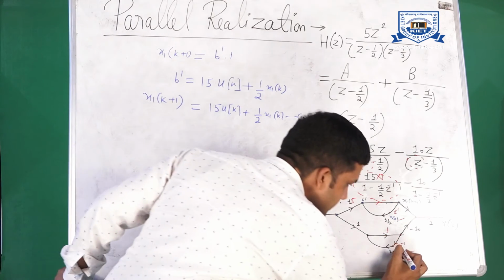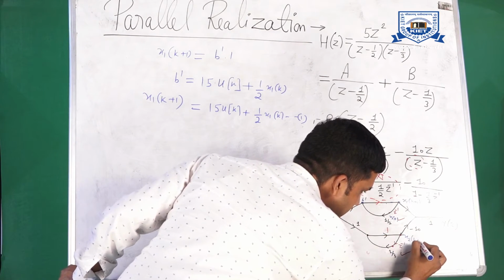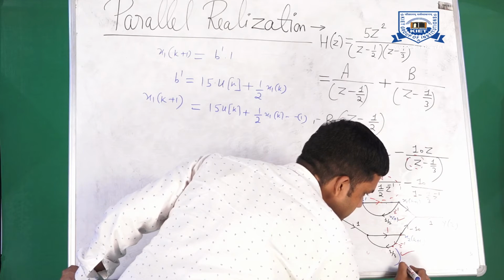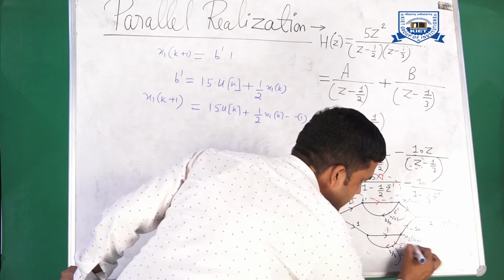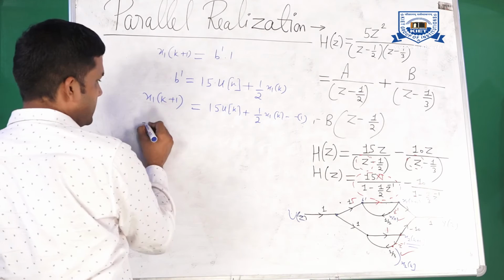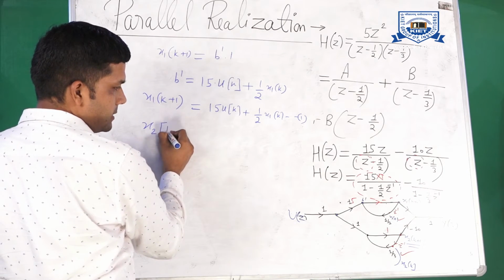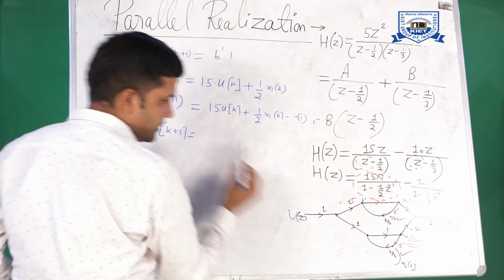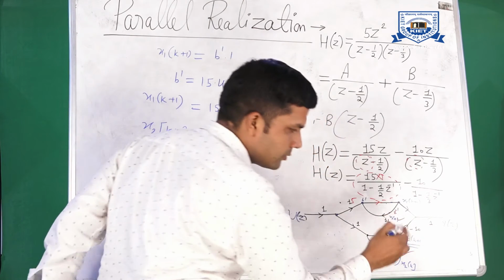Similarly, we can select, this is x2(k) and this is x2(k+1). x2(k+1) is equal to incoming node, outgoing, incoming.